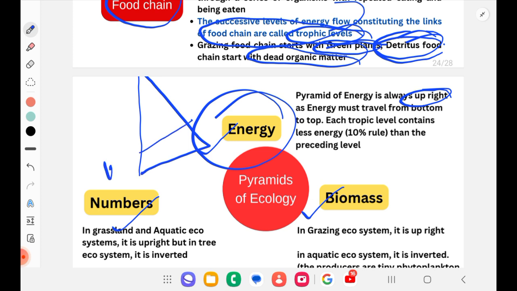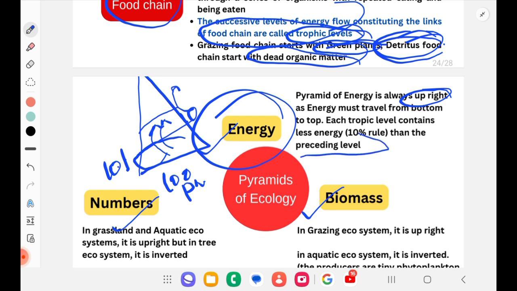So 10% only will move forward to the next trophic level. If 100% is there at producer, the next step only 10%. The next step again only 1%, like that. Okay. So pyramid of energy is always upright, as energy must travel from bottom to top. Each trophic level contains less energy, 10% rule, than the preceding level.